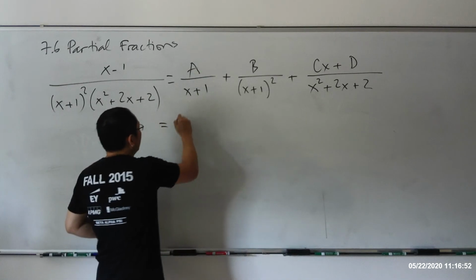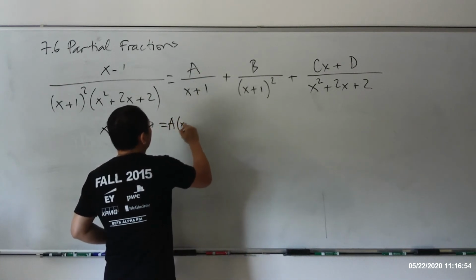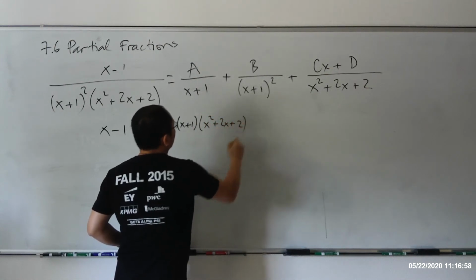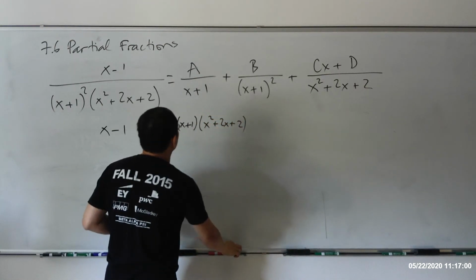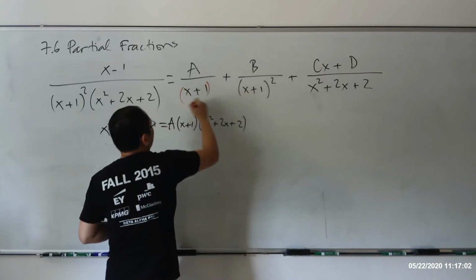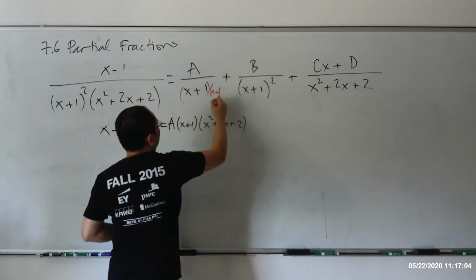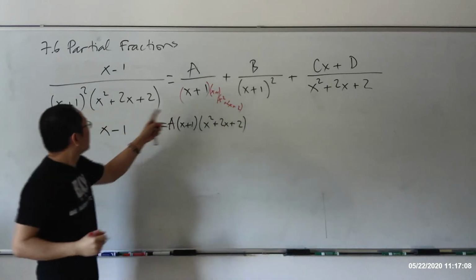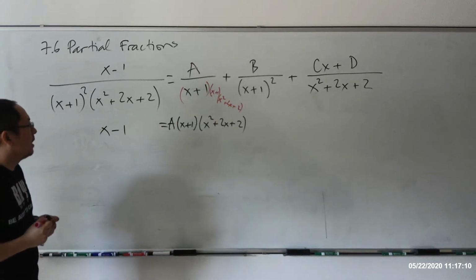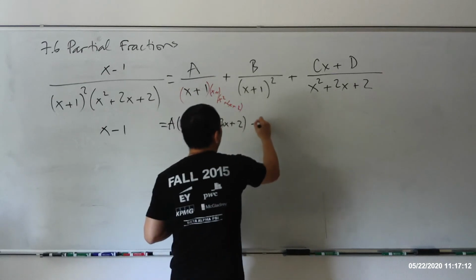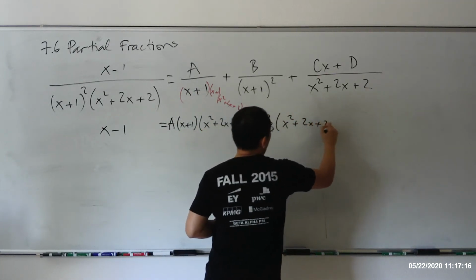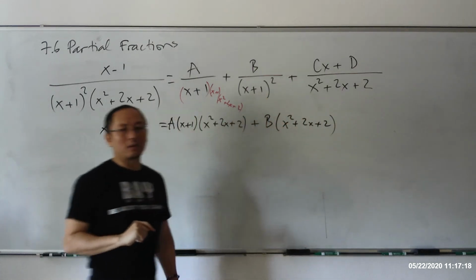Okay. A times x plus 1, x squared plus 2x plus 2. Because I need to have x plus 1 squared, I got one term right here ready. Multiply back with x plus 1 and then x squared plus 2x plus 2. Right, so get the common denominator. For the b term, I'm going to multiply back by x squared plus 2x plus 2 because I got x plus 1 squared ready.